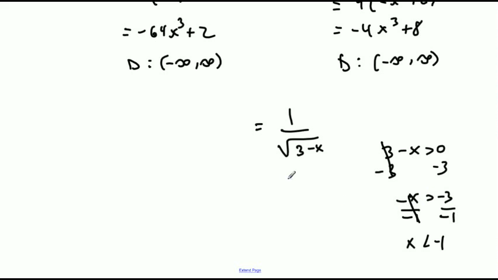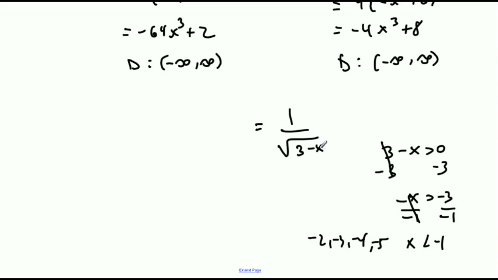So let's see here, a number that's less than negative 1, say negative 2, negative 3, negative 4, negative 5. If you plug these in right here, those are all going to be fine, right? If I plug in negative 2 right here, 3 minus negative 2 is 3 plus 2.